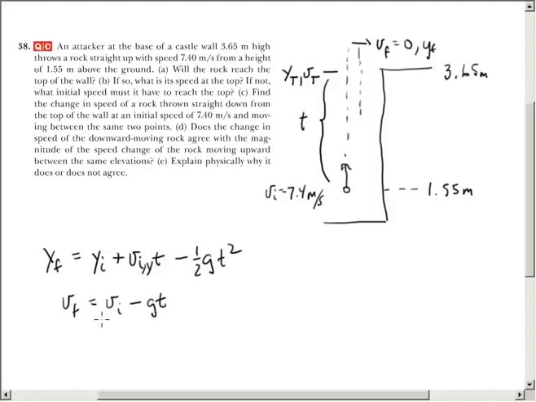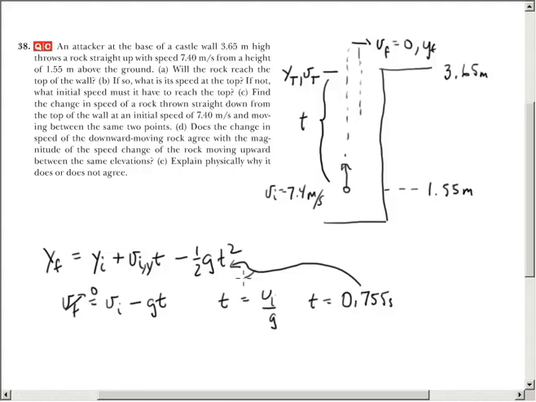Now, since all three quantities are known except time, we can solve for time and obtain that time is equal to VI over g. Of course, we know VF is 0. And that time calculates out to be equal to 0.755 seconds.